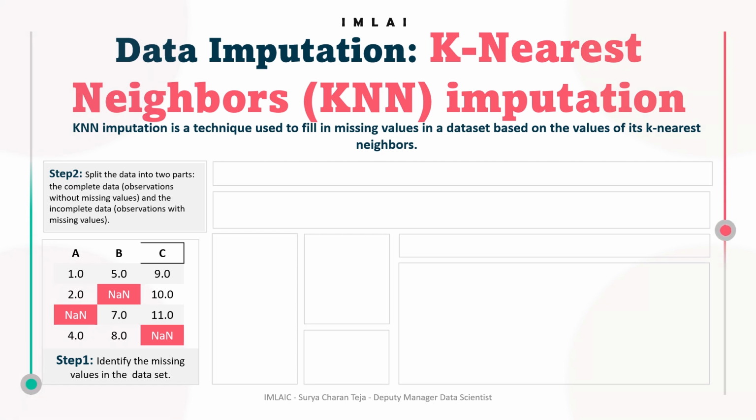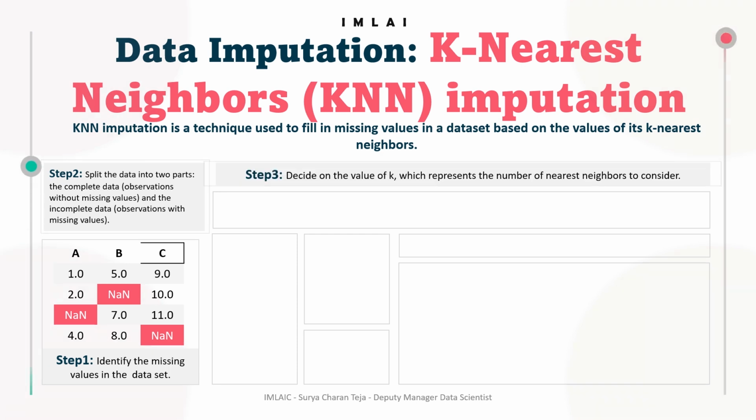Then once you have split the data into complete and incomplete data, we move on to the third step, that's choosing the K value. So decide on the value of K, which represents the number of nearest neighbors to consider. How many nearest neighbors do you want to consider? That value we have to decide.